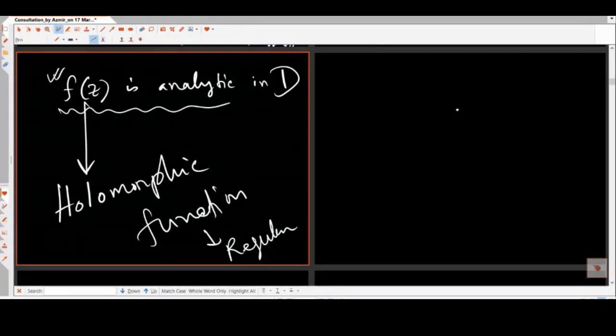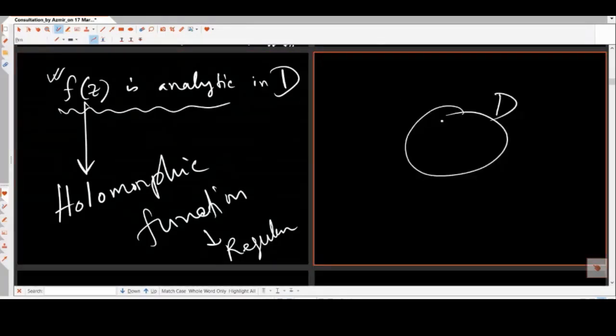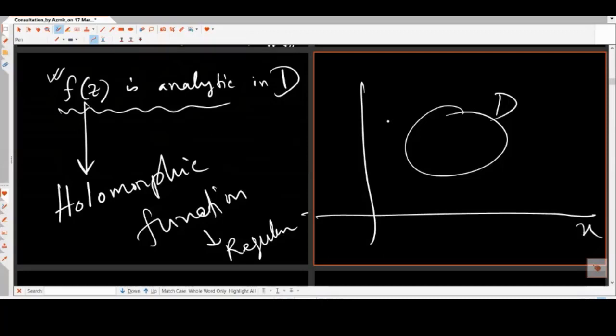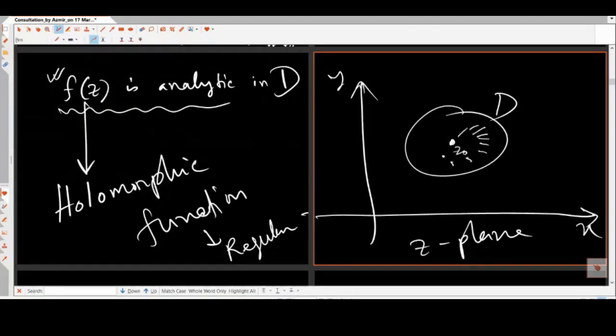Suppose we have a domain D inside the complex plane xy. It is called the z plane, where the x-axis is the real axis and the y-axis is the imaginary axis. The function is differentiable at z0. The function is differentiable within this region.